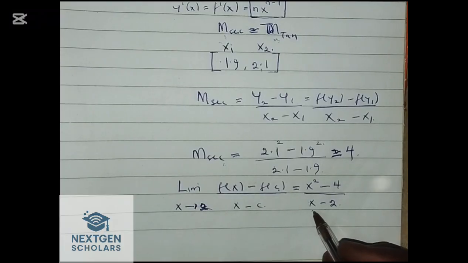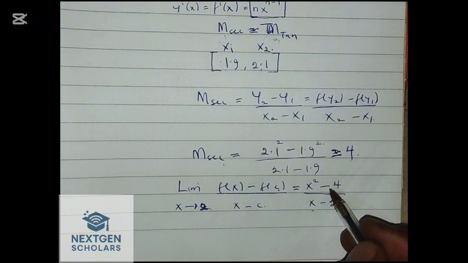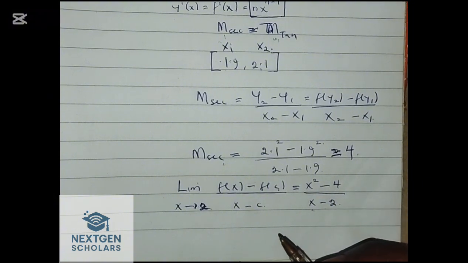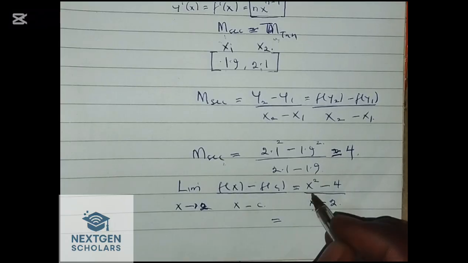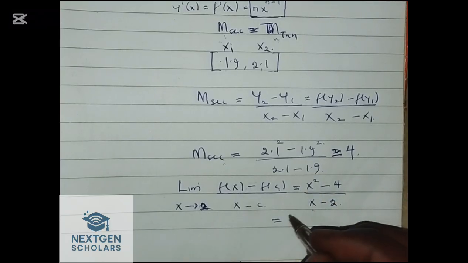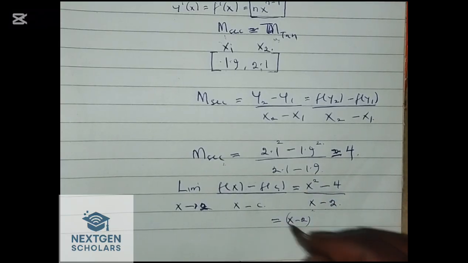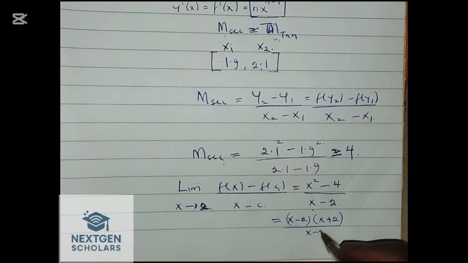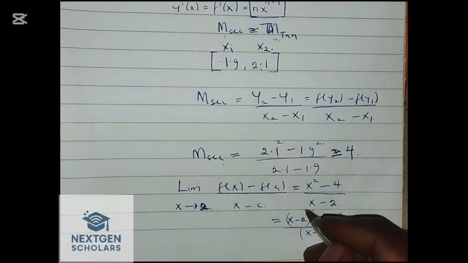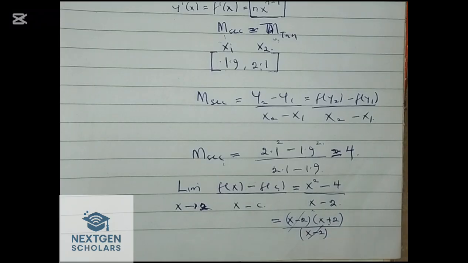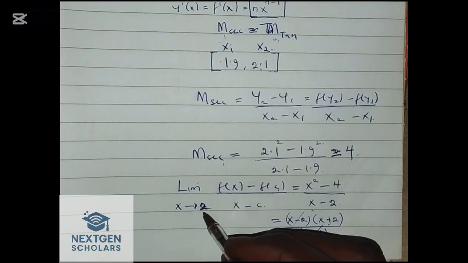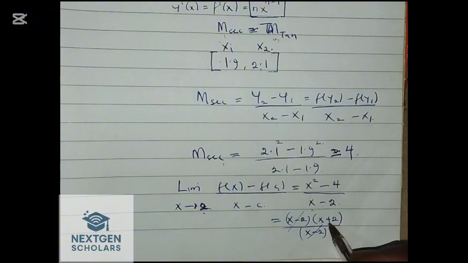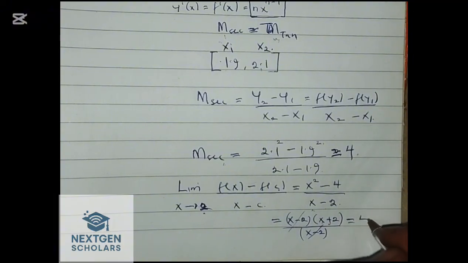If I apply 2 here, the denominator becomes zero, so I have to use the difference of 2 squares to open up this numerator so I can see where I'm headed. By the formula, this gives us x minus 2 and x plus 2 all over x minus 2. Now this can cancel out, and we have x plus 2 left. If I put my limit as 2 here, we have 2 plus 2 equal to 4.